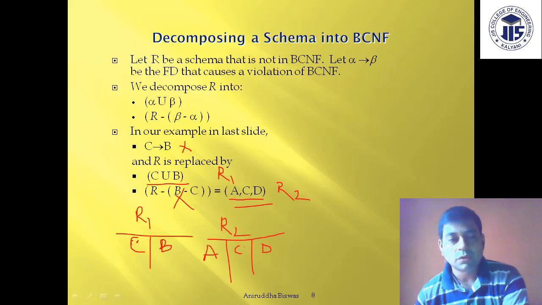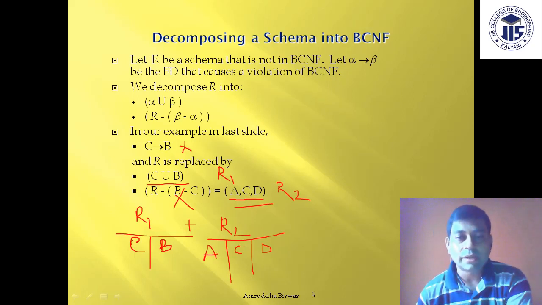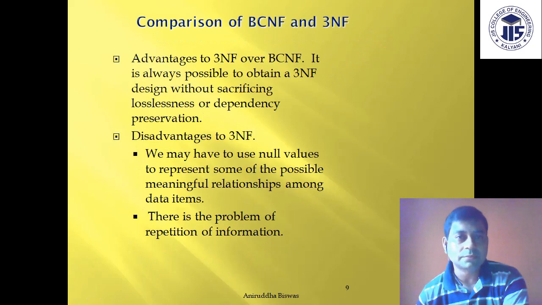So there are no trivial dependencies present in these two decomposed relations. And definitely if we combine them together, that means if we join them, then we will get the relation R. Okay. So this is the example of BCNF.